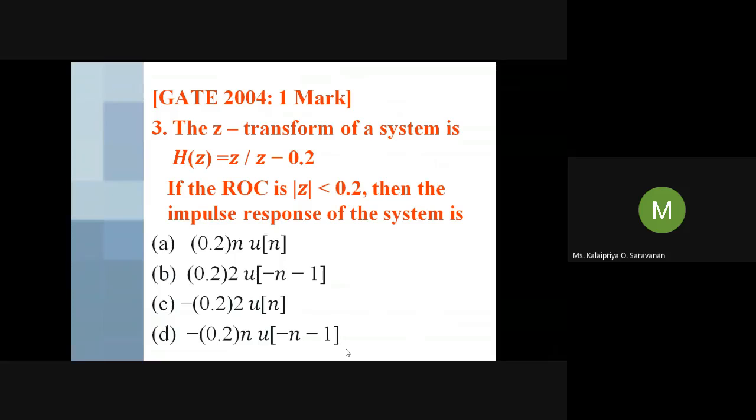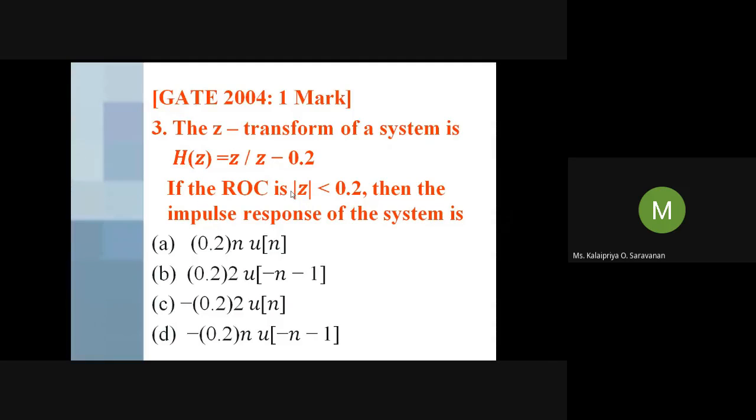The next question says, here again, the basic ROC is discussed, but it is of a different form. The Z transform of a system is given as H of z equal to z by z minus 0.2.